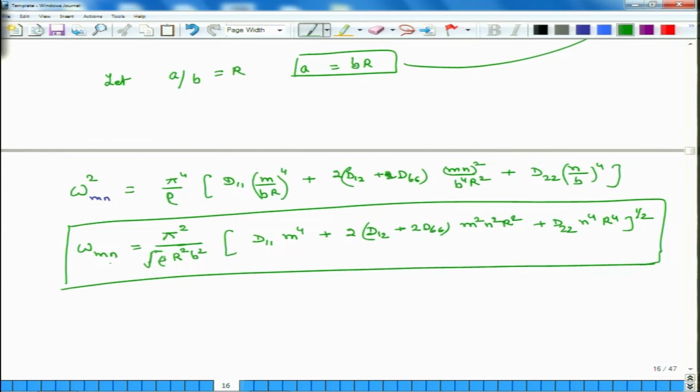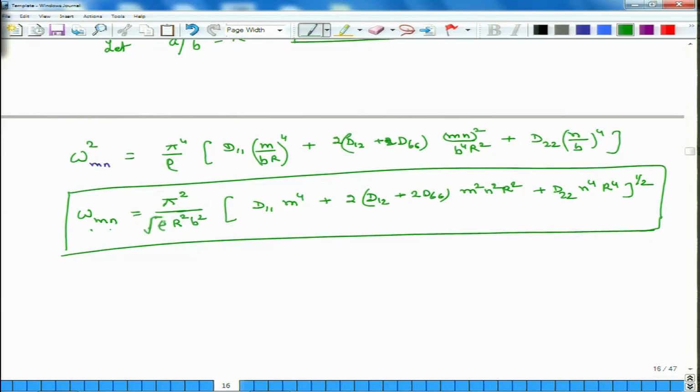I have to calculate the cyclic frequency. I just divide this omega mn by 2 pi, and I will get the frequency. Associated with each natural frequency omega mn there is a mode shape, and what is that mode shape?